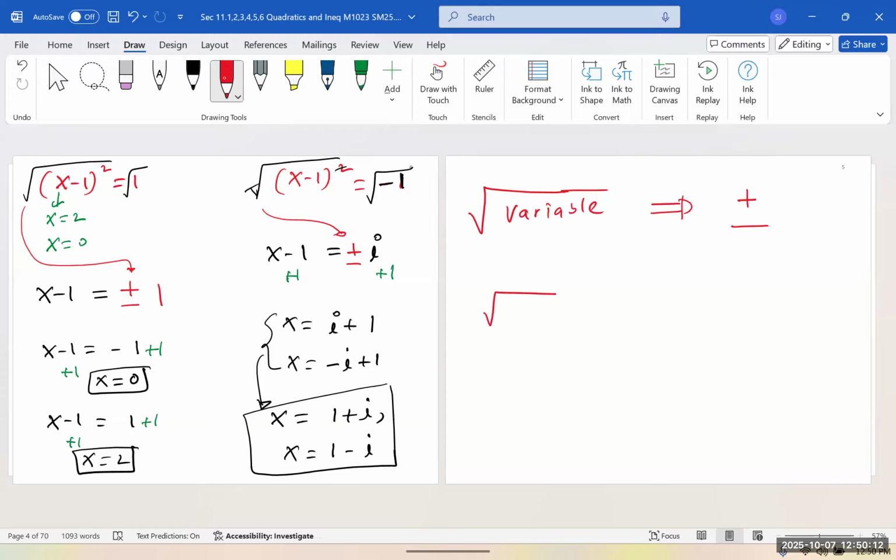However, square root of a number, I should write number. Square root of a number has only one choice, positive number. Square root of a number has to be positive and square root of a variable has to be plus minus. For example, if we have square root of 16 alone without any variable next to that, the answer is only 4, the positive 4.